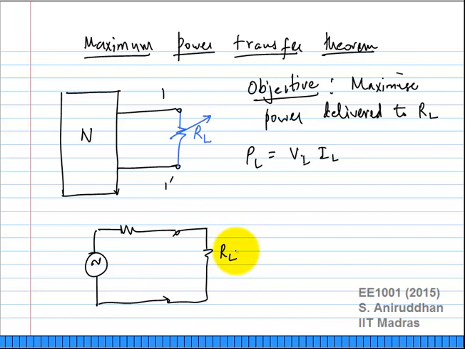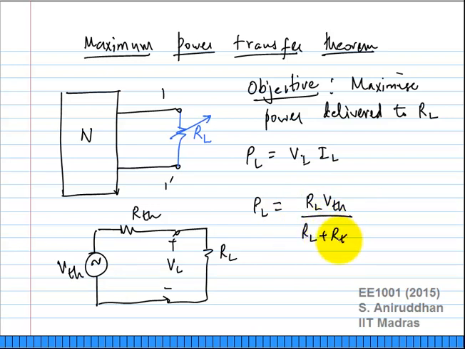So this is RL, this is RTH, this is VTH. Okay. So what is PL? What is the expression for PL? What is VL? It is RL VTH by RL plus RTH times what is IL?